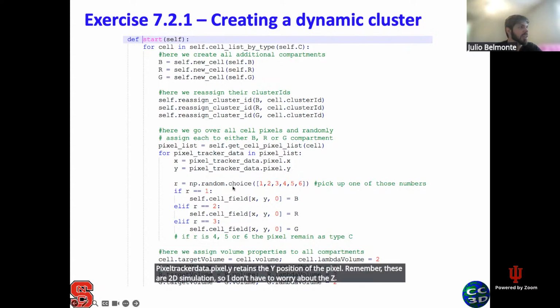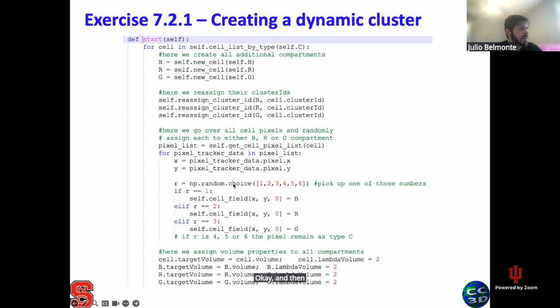And then what I do here, I select randomly one of those 6 numbers in this list. If this number is 1, I assign that pixel that we are going through to the B cell. If the number equals 2, I say that the pixel is going to belong to the R cell, the red cell.